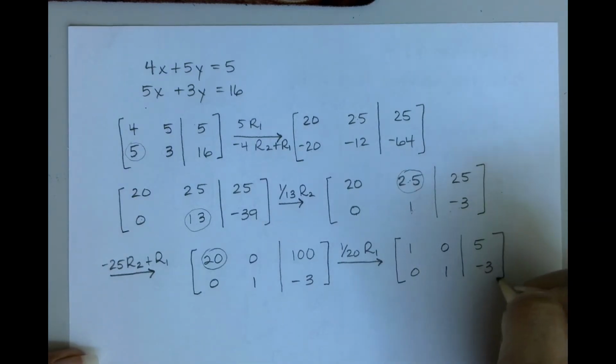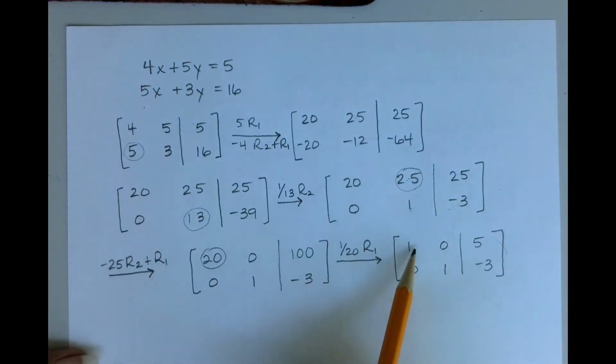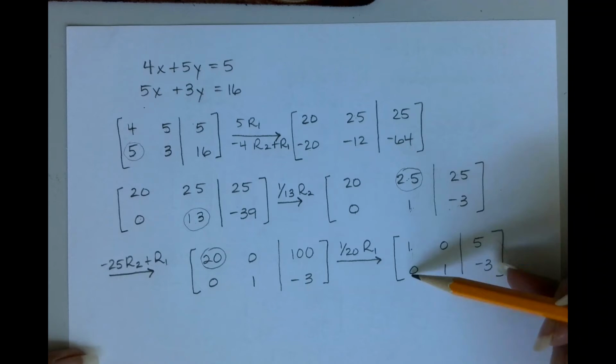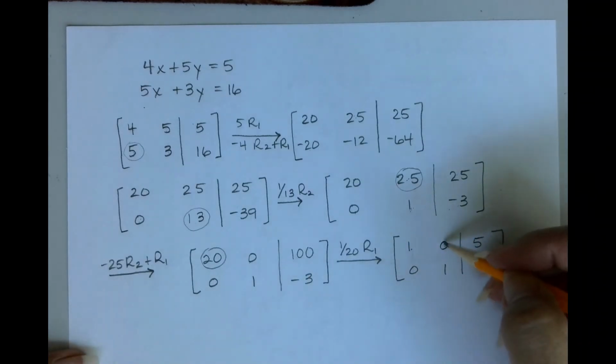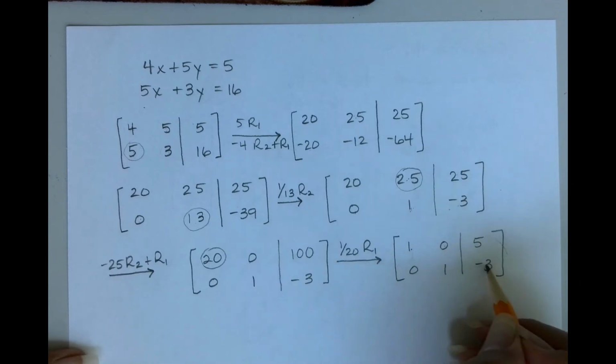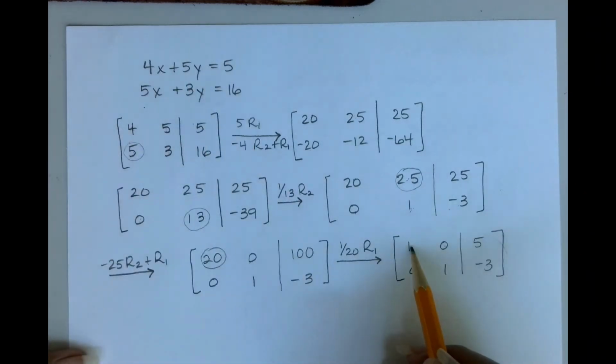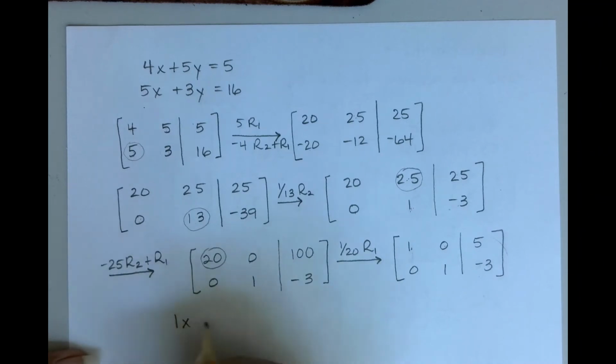So how do I read this? Well, remember this 1 is in the x column, and this 0 is in the y column, and then we have our constants. If I rewrote this back in linear equation form, I'm in essence writing 1x plus 0y equals 5, and 0x plus 1y equals -3.